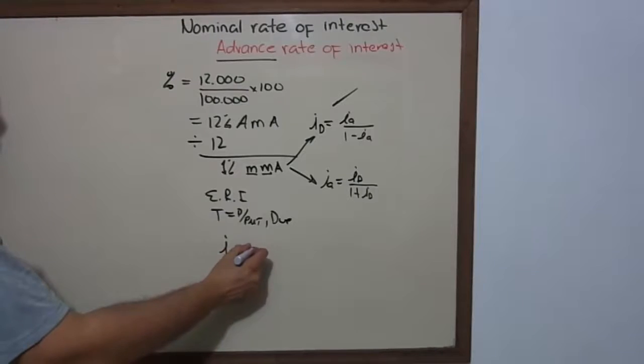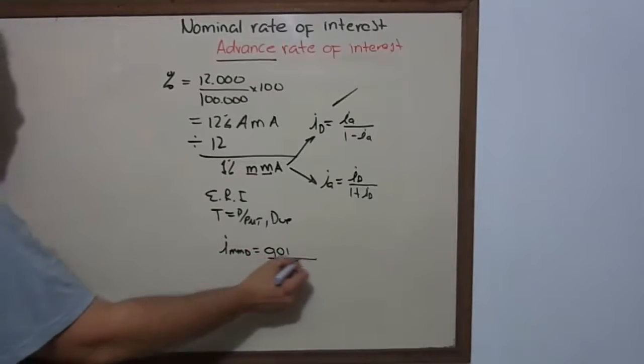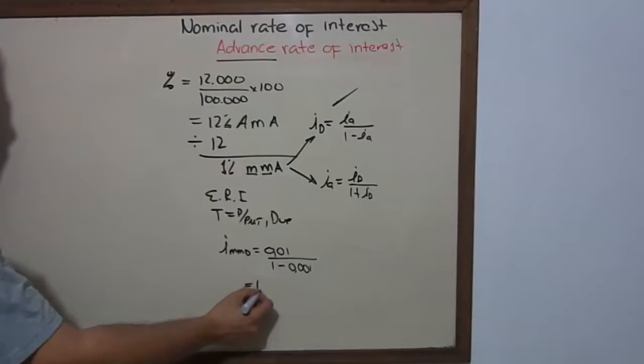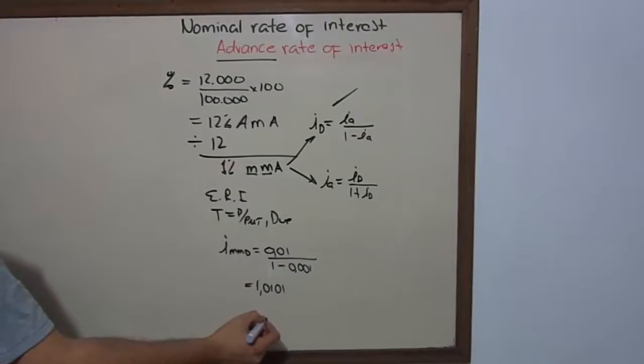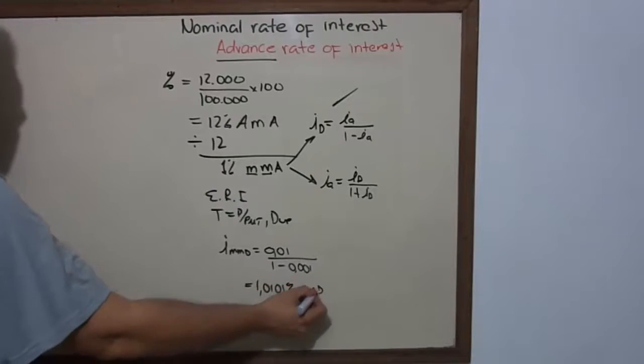Monthly due equals 0.01 over 1 minus 0.01, meaning 1.0101 percent monthly due.